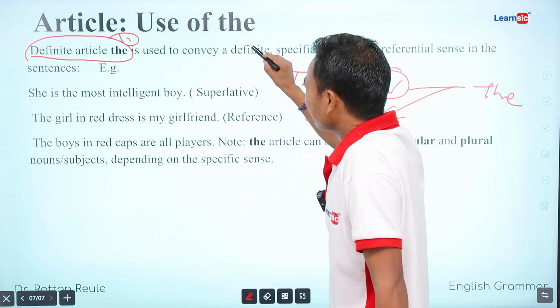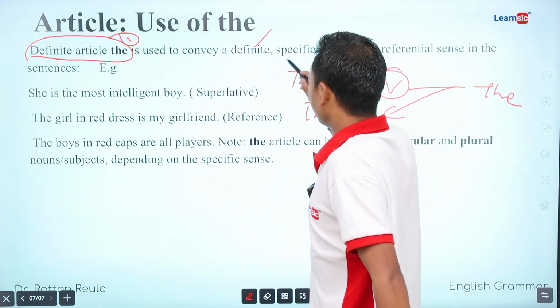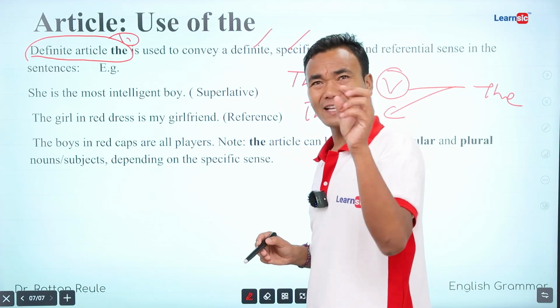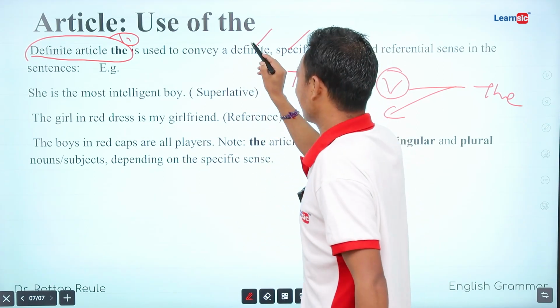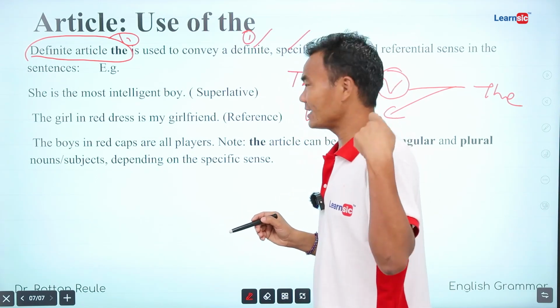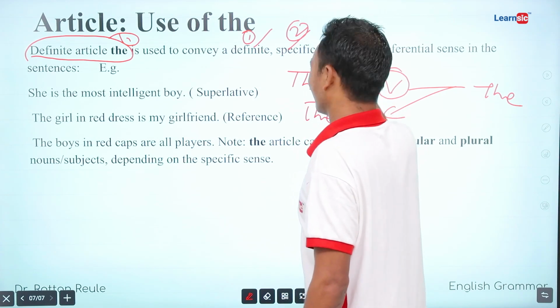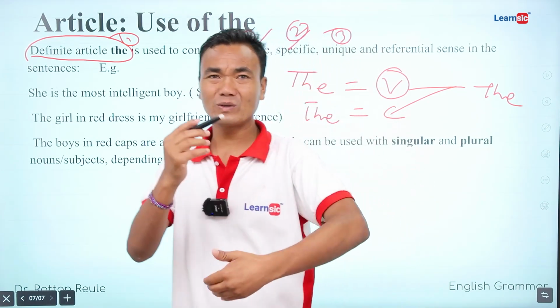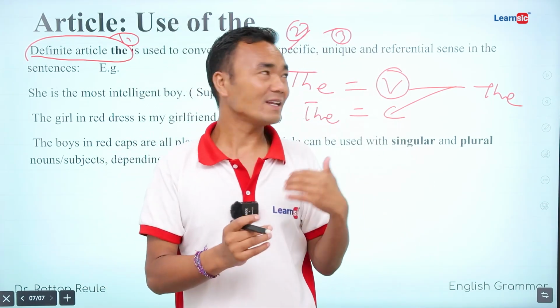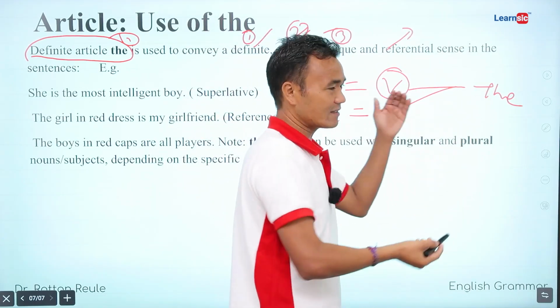Then, definite: if we are talking about a definite thing, in a very specific and particular manner, criteria number one, the sentence or the thing should be very definite, specific, unique, like the earth, the moon, the sun, the only one. And referential, with a reference sense in a sentence.